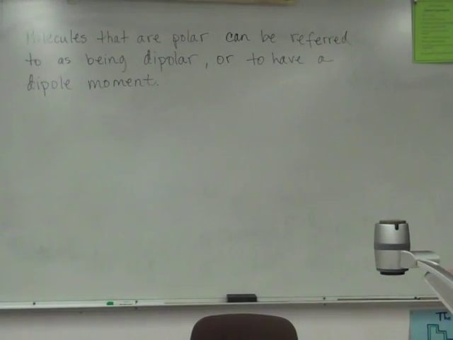So, molecules that are polar, sometimes you'll hear them referred to as being dipolar. It's a dipolar molecule. Or you will hear it referred to as being a molecule that has a dipole moment. So, polar molecules have a dipole moment.